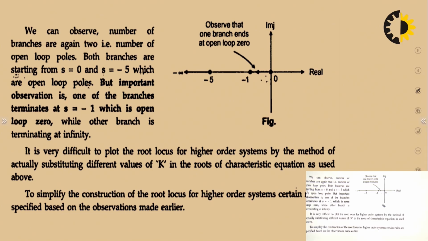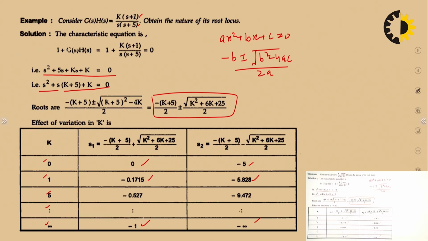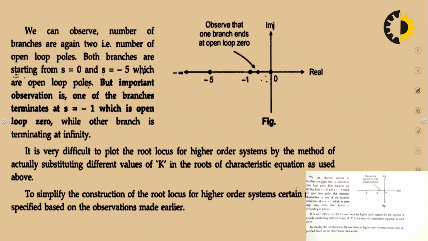So from here we can see that there are 2 poles. So we are having 2 branches and 1 zero at s equals minus 1. So what happened? From here we can see this point terminates here. Here there is no root locus.